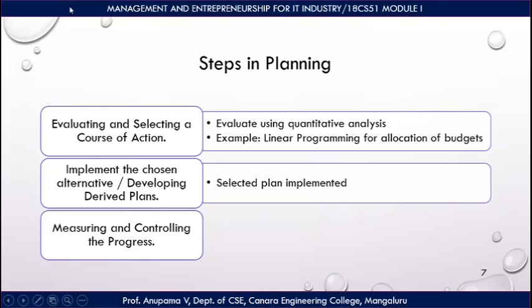If not, the next decision question faced by the manager is, is it possible to tweak the chosen plan to fulfill the planning objective? If the answer is yes, then necessary modifications are done and the modified plan is implemented. If the answer is no, then the planning process has to be restarted by setting up the planning premises.